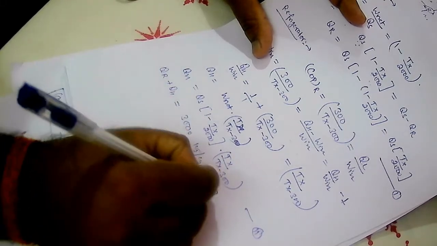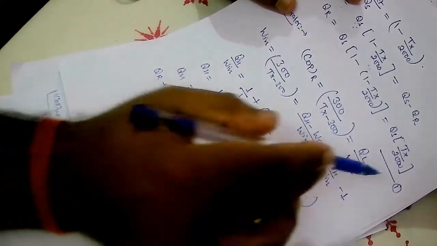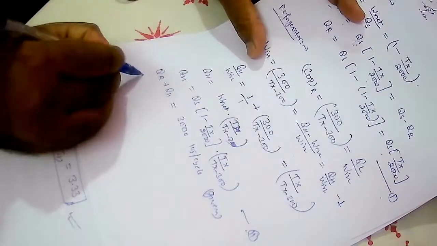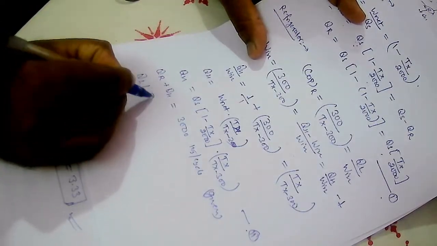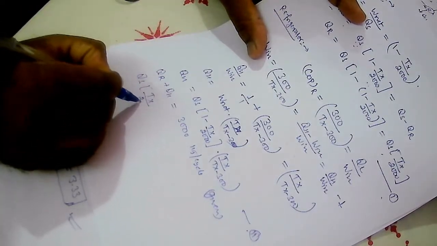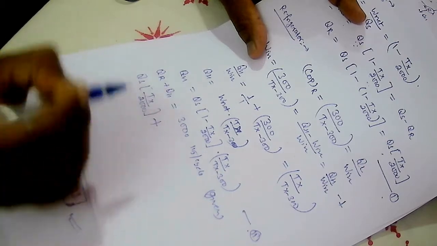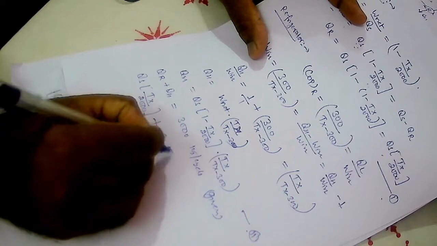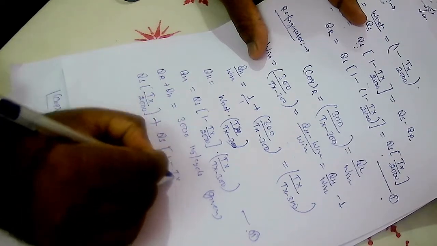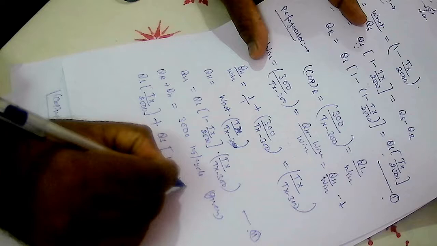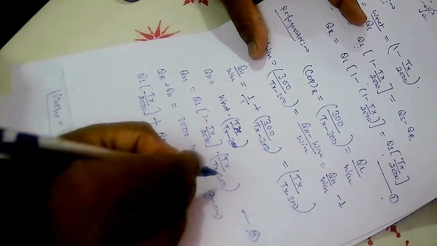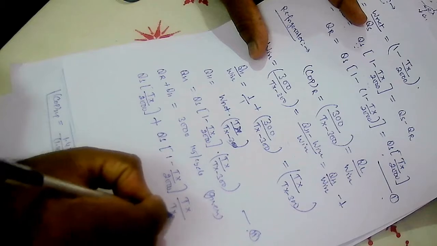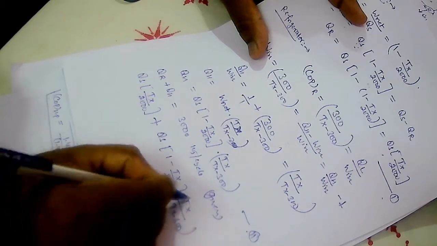So adding equation number 1 and equation number 2, I can write Qs Tx divided by 2000 as one term, plus this complete term, Qs times 1 minus Tx divided by 2000, and Tx divided by Tx minus 300.